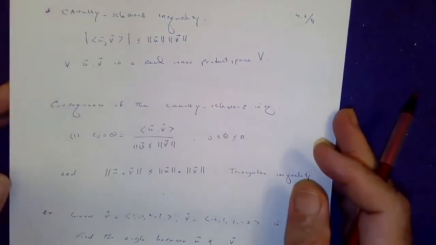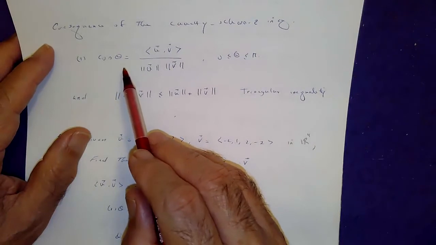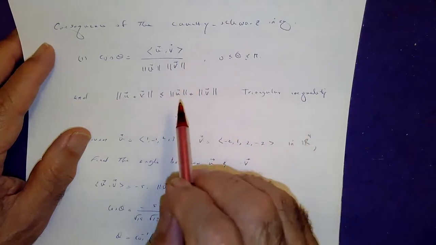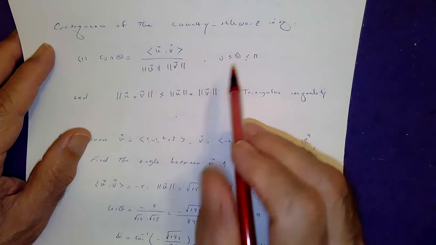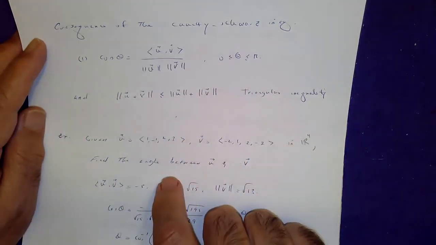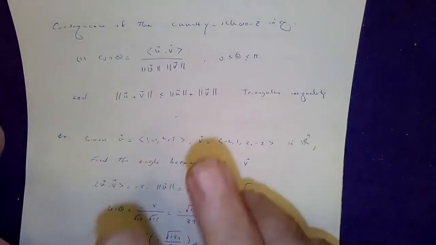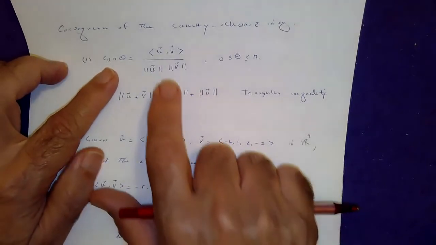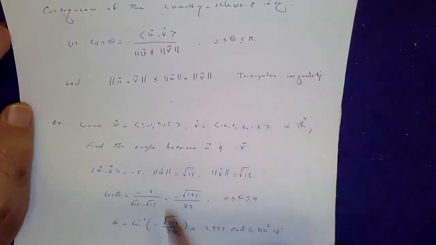The consequence of the Cauchy-Schwarz inequality is you can find the angle between two vectors in any inner product space, just like before, where theta goes from 0 to pi. What I'm saying is you can find the angle between two functions, or between two matrices. This is a very general formula. It's not just for vectors. It could be for functions, matrices, and so on.